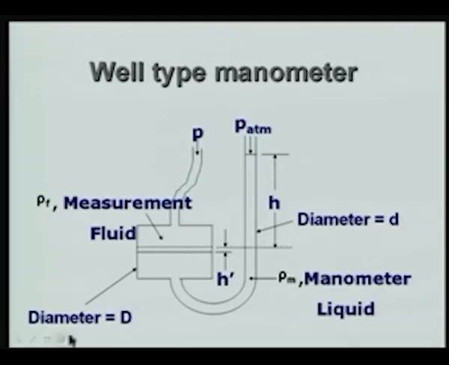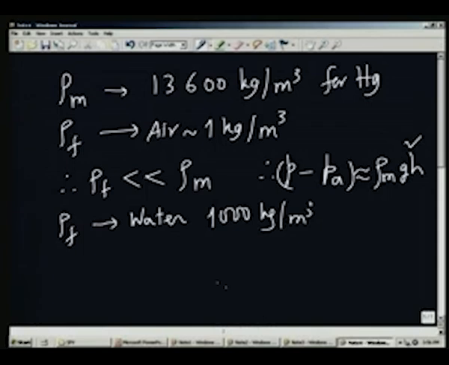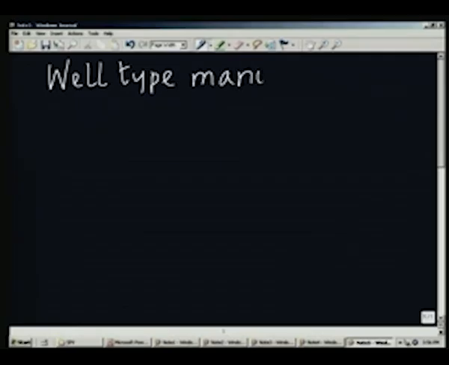Let me write it on the board. We will take the well type manometer. I will schematically draw a sketch. The pressure is indicated here.